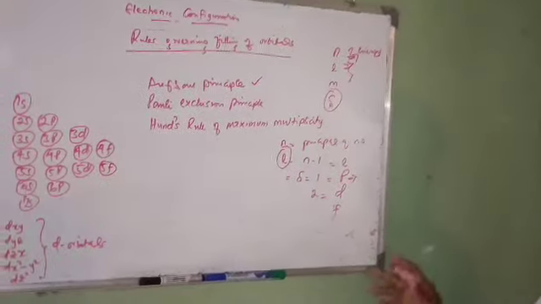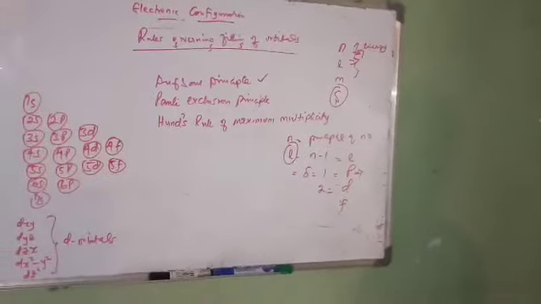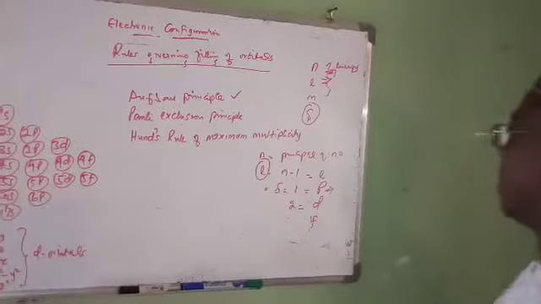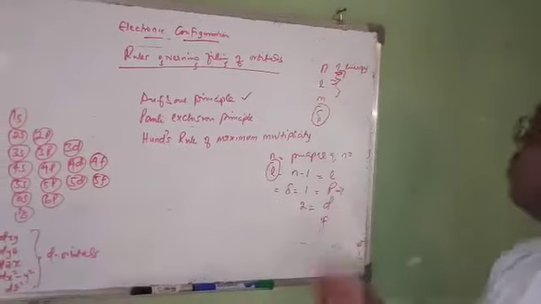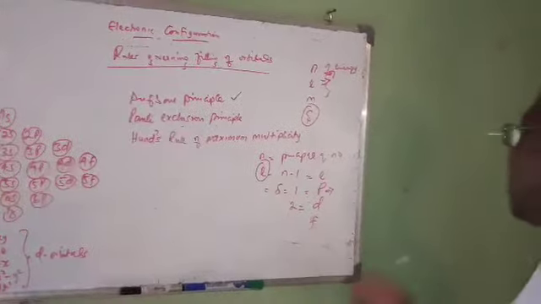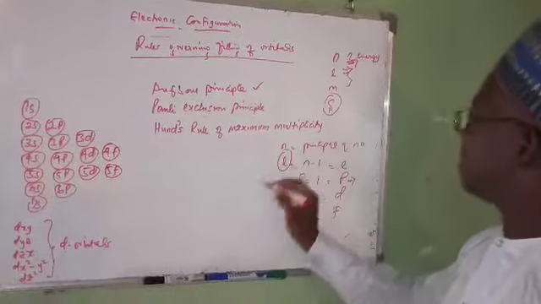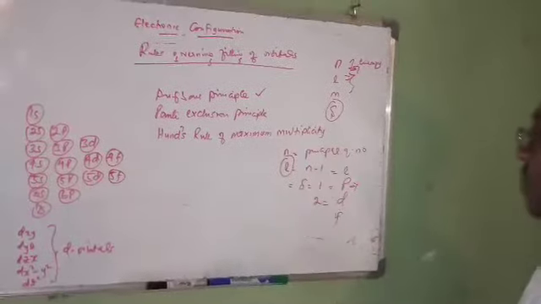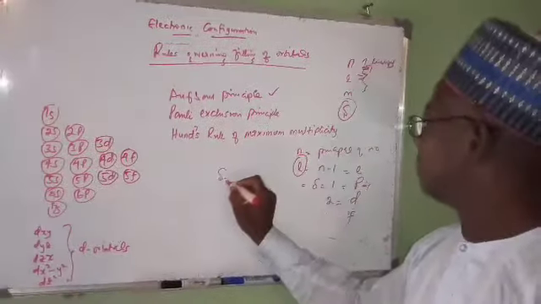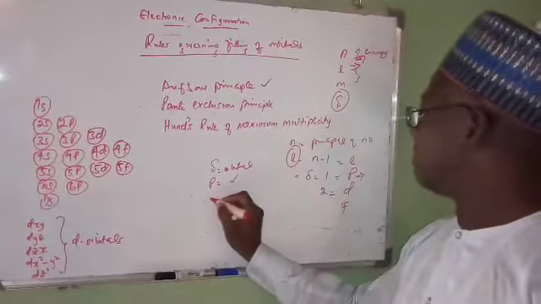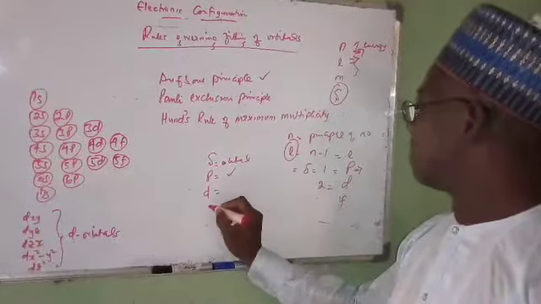So what we are going to do today is to look at the different types of orbitals we have. From the solution to the Schrodinger equation, we arrive at four orbitals: the s orbital, the p orbital, the d orbital, and the f orbital.